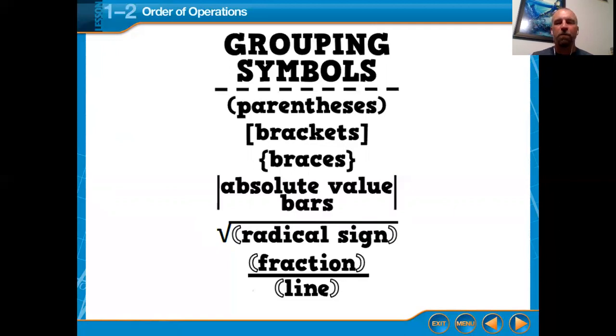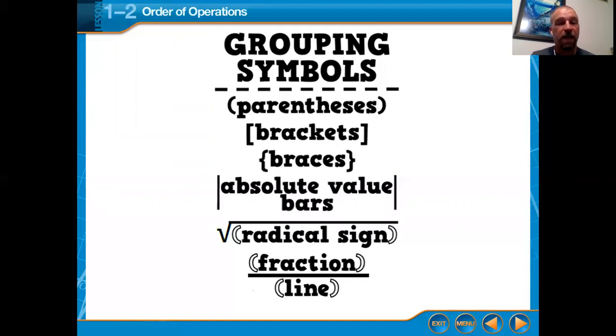And the other common grouping symbol that you don't even think about, but hopefully you know, is a fraction line or a fraction bar. A fraction line or fraction bar can break a set of operations up where you're actually not going to do the order that you would think. Because you would think you'd have to do multiply and divide before add and subtract.